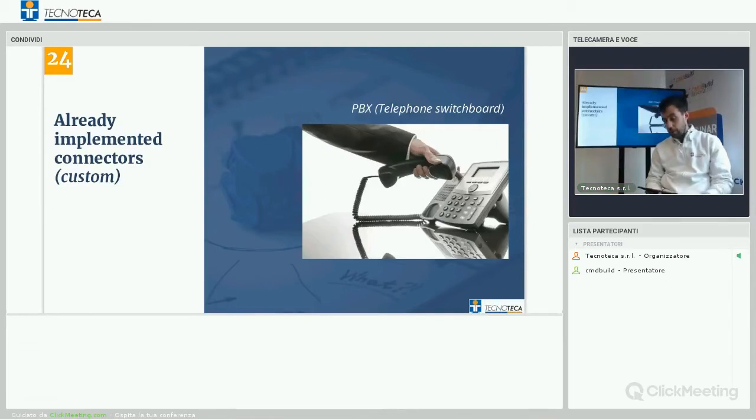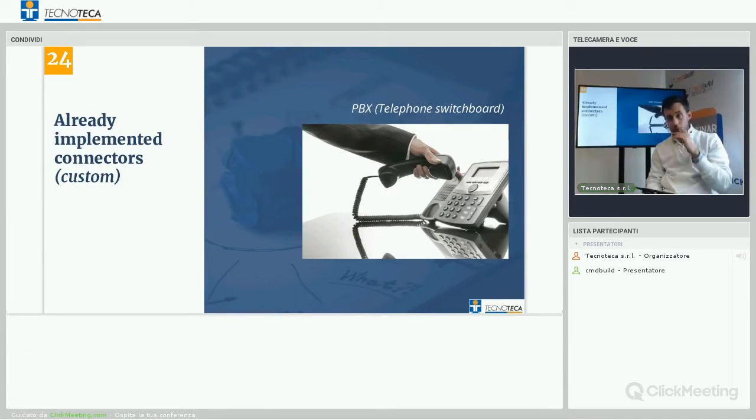This was because the majority of the calls to the help desk of the Chamber of Deputies would happen by telephone. So they needed a system to provide some automation to this process, and this has been done through a connector that opens tickets automatically whenever a phone call comes in through the PBX, of course, for the service desk.